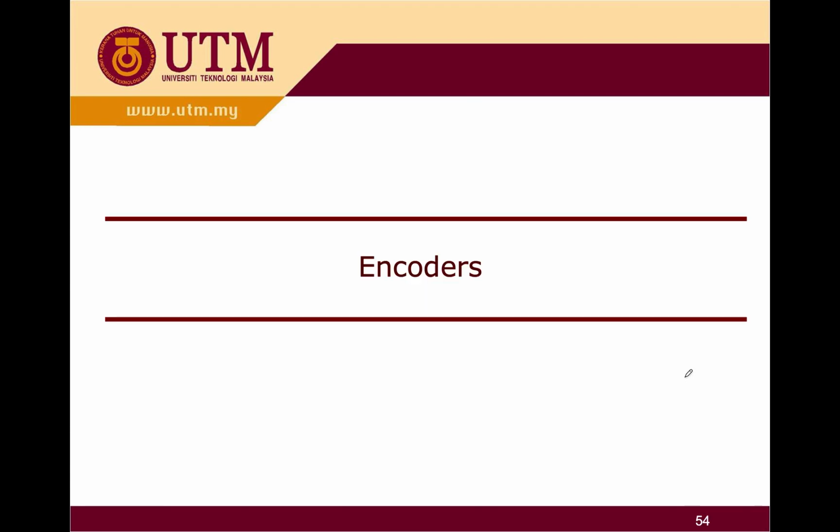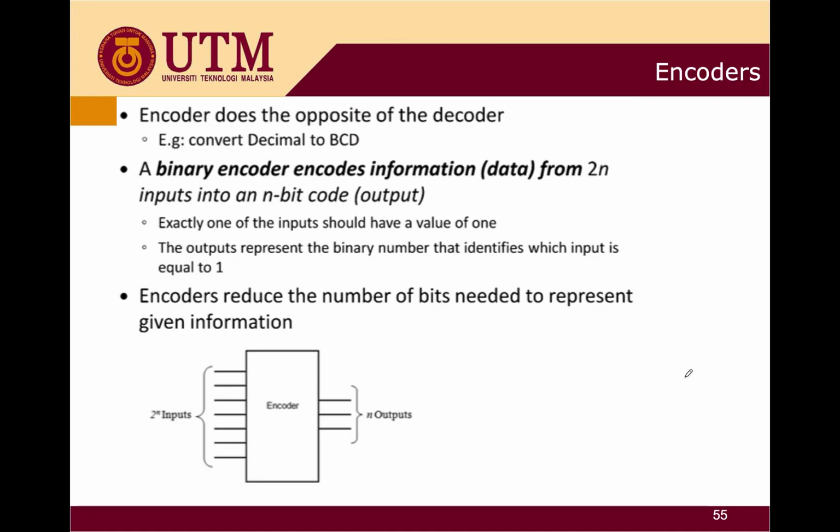So now we move to a new subtopic, which is encoder. So encoder does the opposite. Of course, you know decoder, encoder is totally different. So you can see that it is for converting decimal to BCD.